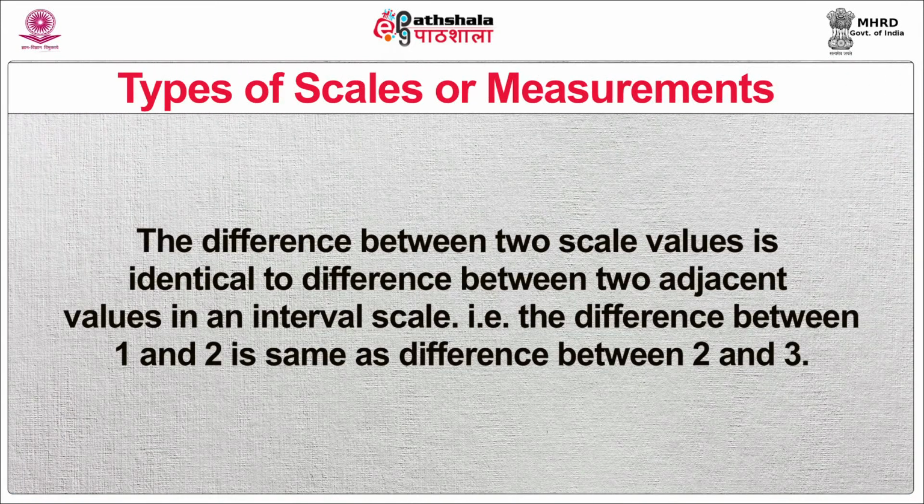The difference between two scale values is identical to the difference between two adjacent values in an interval scale. That is, the difference between 1 and 2 is the same as the difference between 2 and 3. Therefore, this kind of scale allows us to measure the mean and standard deviation for the object being measured.